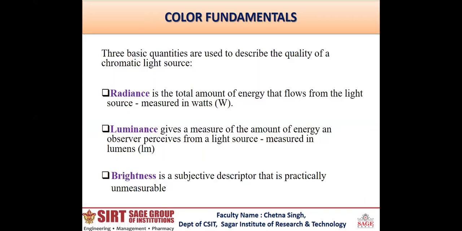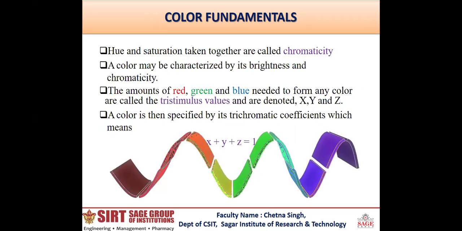Three basic qualities are used to describe the quality of a chromatic light source. Radiance is the total amount of energy that flows from the light source, measured in watts. Luminance gives the measure of the amount of energy an observer receives from a light source, measured in lumens. Brightness is a subjective descriptor that is practically unmeasurable.